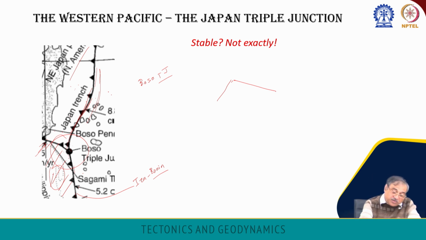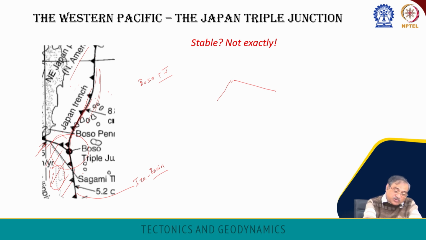Now, if this was part of one single continuous collinear line with respect to the velocities here, then we could have considered this particular boundary to be stable, and that is what it was considered to be for some time.